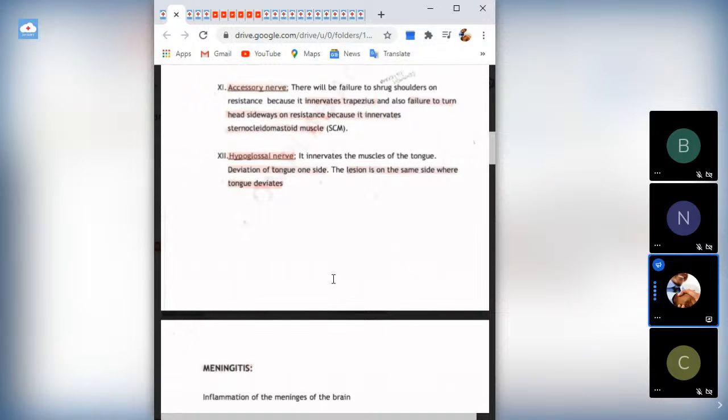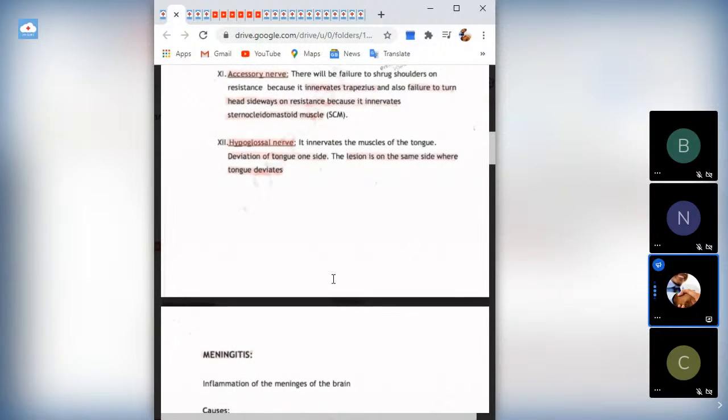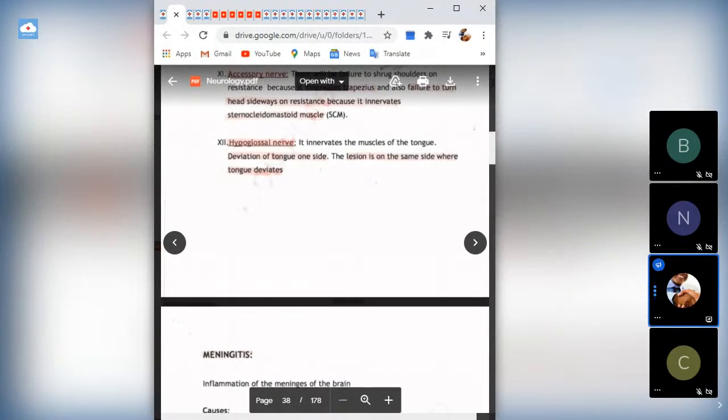I don't know how you differentiate upper motor neuron of the hypoglossal nerve from the lower motor neuron. I don't think anybody will ask you that, but it's a nice question. Help us find out the answer and tell us in the next class. Thank you very much, Noya. Any other question? Yeah, check it up.